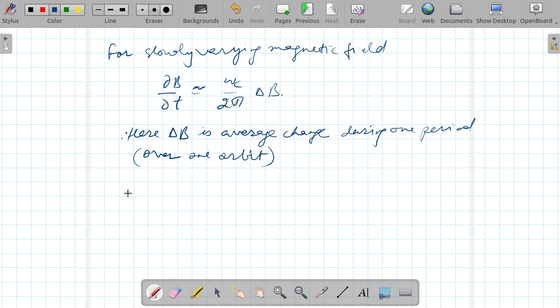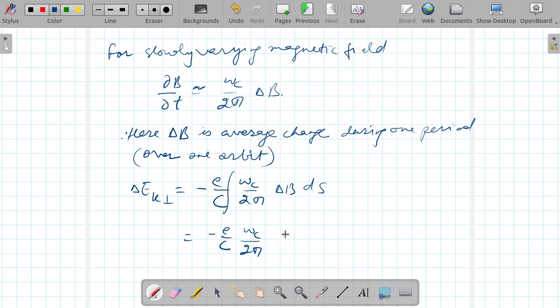So therefore delta E, change in kinetic energy, is equal to minus q by c, omega c over 2 pi, delta B into dS. Here minus this can be taken outside, delta B can be taken outside, and also we have to take its integral, and its integral is nothing but pi RL square, as we talked about in earlier lectures also.